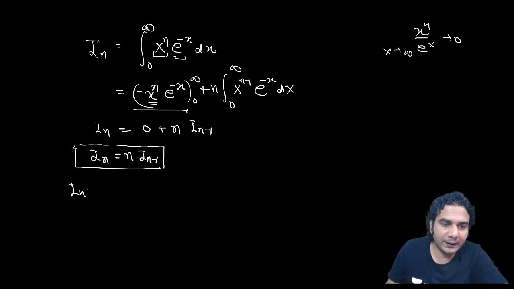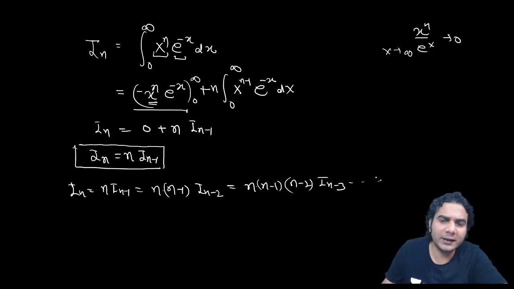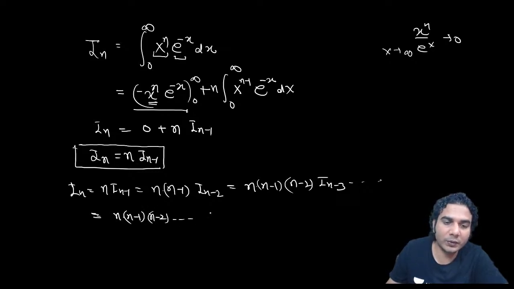So you can write In is equal to n times In minus 1. Then n into In minus 1 can be written as n minus 1 times In minus 2. In minus 2 can be written as n minus 2 times In minus 3, and keep decreasing it. So finally you will write n into n minus 1 into n minus 2 into so on up to 2 into I1, right?